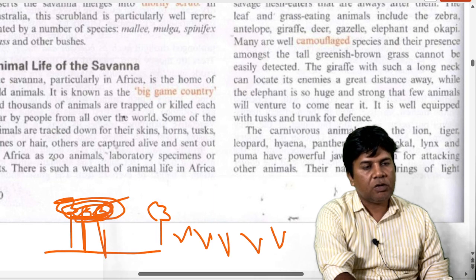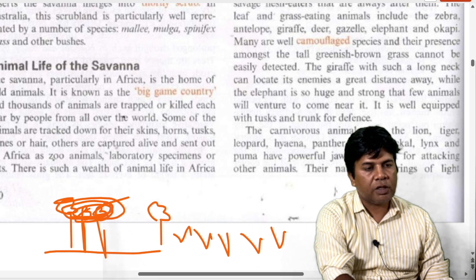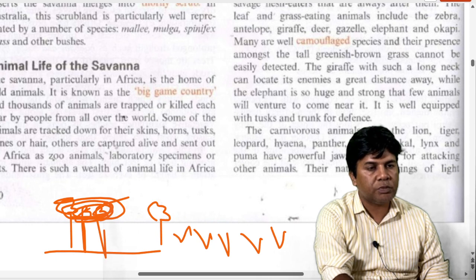When the food availability is found on the ground, you will find a lot of herbivores like deer and cheetah, all kinds of herbivores. When you have herbivores, the carnivores also will be present here, who will feed on these herbivores. That's why it is known as big game country, because it's a home of wild animals.